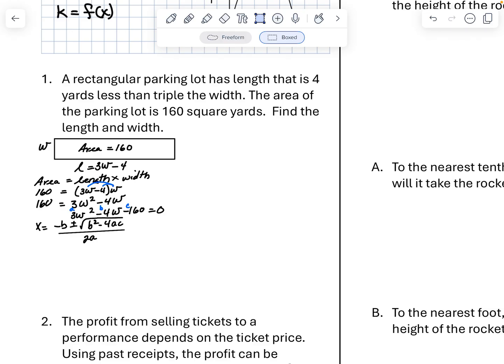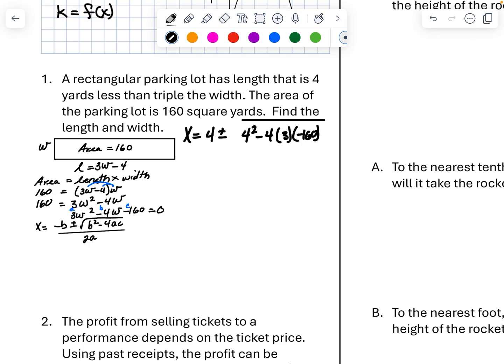Okay, so now we are going to say x, whoops, wrong color. x is equal to the opposite of negative 4 plus and minus the square root of b squared minus 4ac, all divided by twice a, and a was 3.